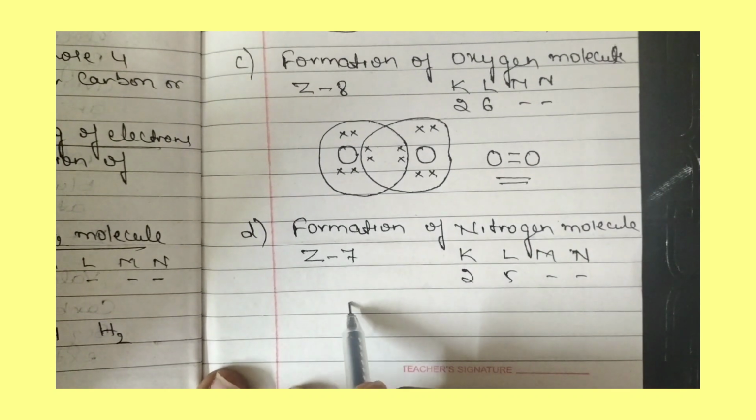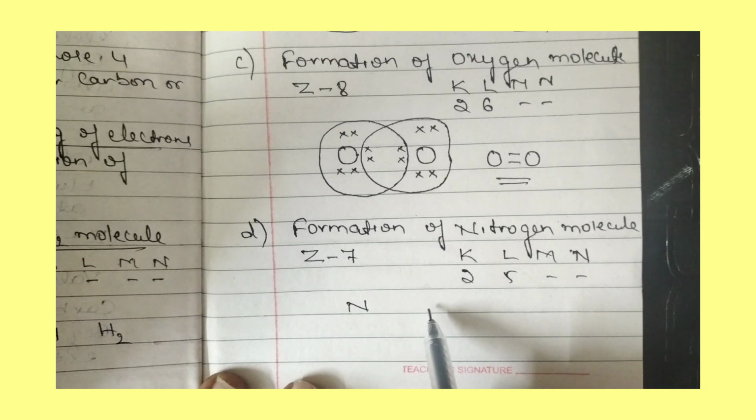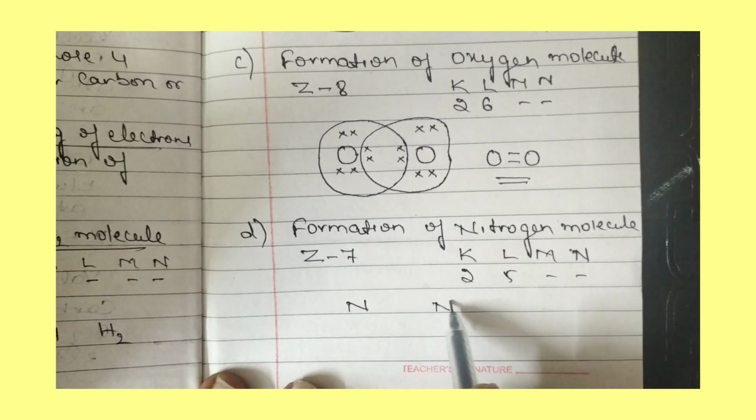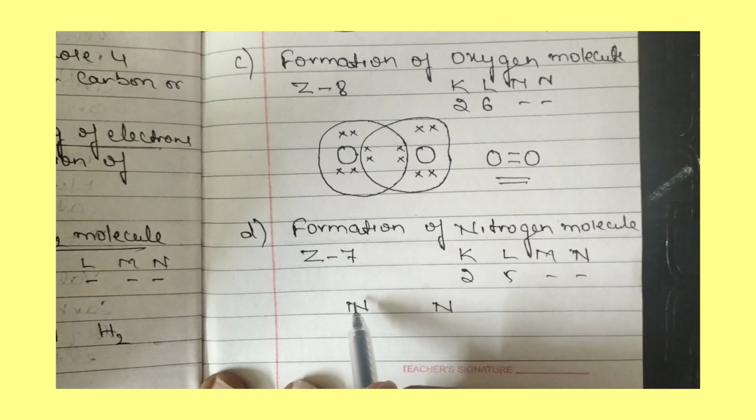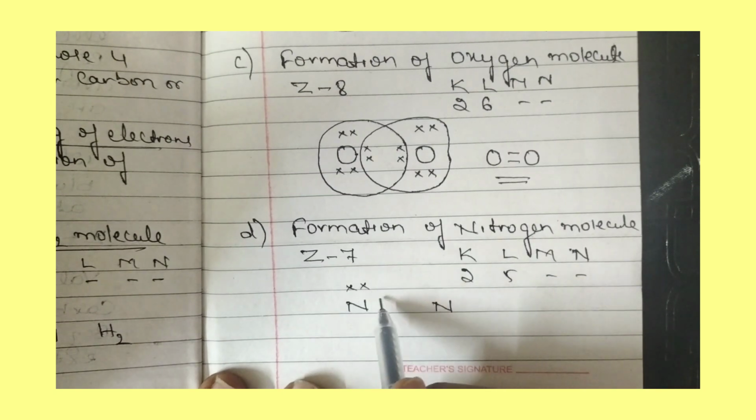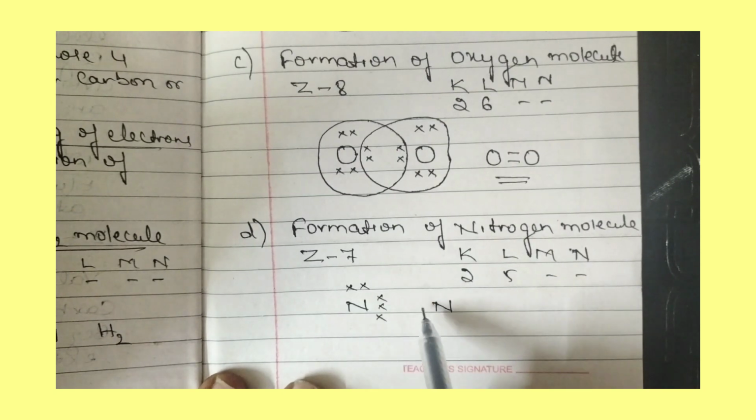Therefore one nitrogen atom combines with another nitrogen atom to form a diatomic molecule of nitrogen. How many valence electrons are there? 5: 1, 2, 3, 4, 5.